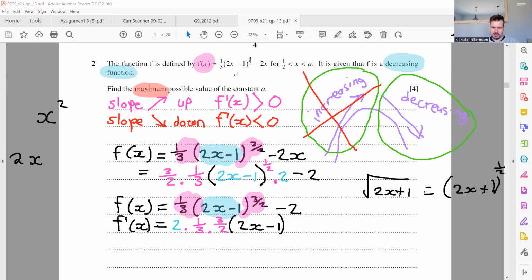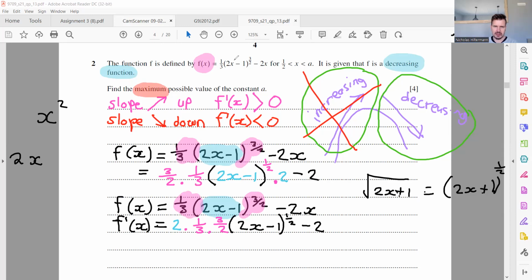I actually prefer this way around. And then the 3 over 2 minus 1 becomes a half. This is a 2x here, becomes minus 2, the derivative of that.